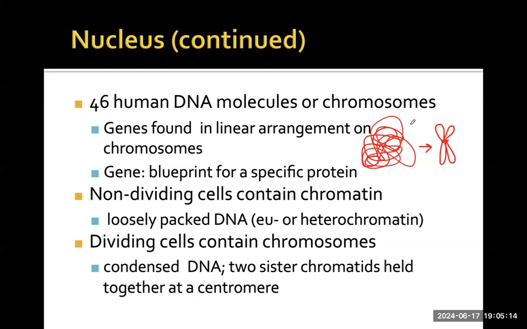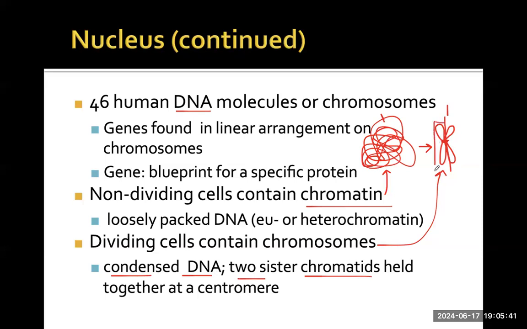Chromatin, chromosomes, same genetic information. Same DNA here as you have here. It's just arranged differently. So again, in this case, this is called chromatin. And then this has the ability to divide equally. You just divide it down the center, and that's called chromosomes. So again, it's just condensed DNA, and you have two sister chromatids.